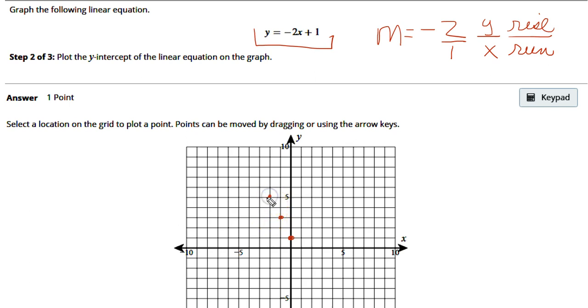I'm just getting some more points so that when I put my line in, you get a more accurate line here. Something like so. And of course, once you put this point in and this point in, then the line forms on yours.